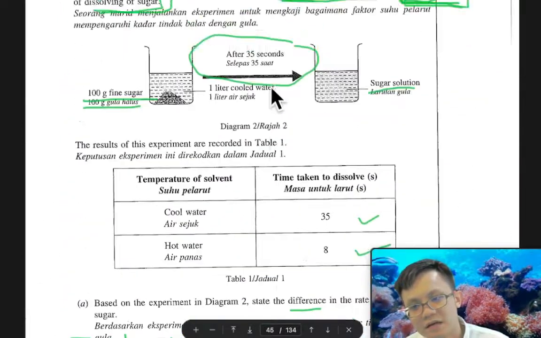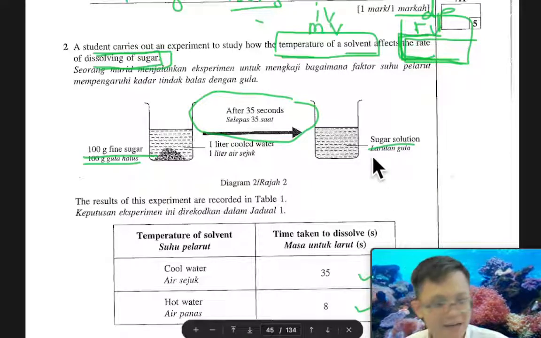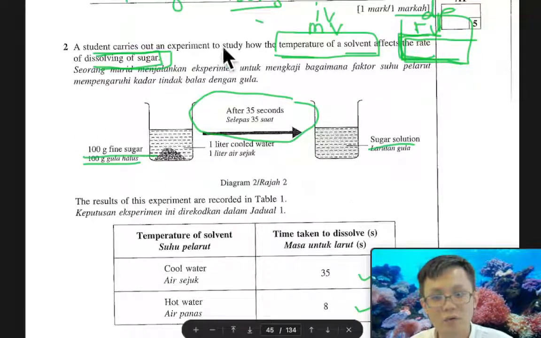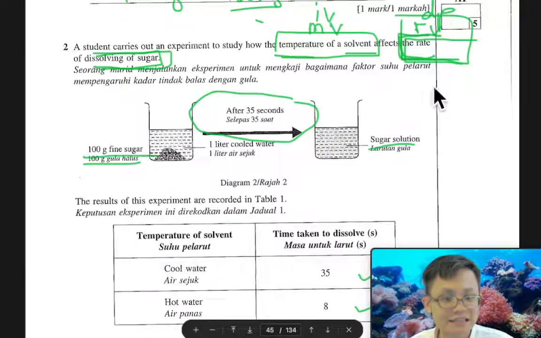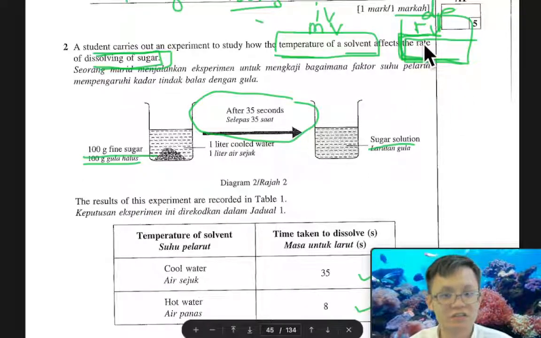Wait, let me look at the experiment again. So actually this is not about microorganisms. I know it is correct if it's about microorganisms, but this is about the rate of reaction. It's more towards chemical rate of reaction. What is the operational definition of rate of reaction?